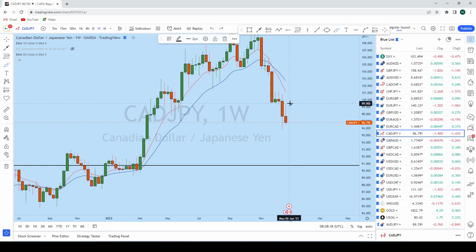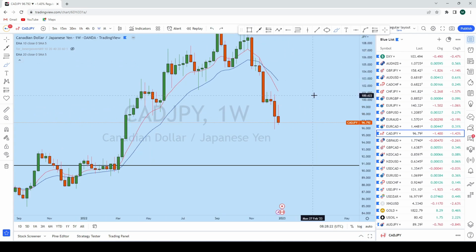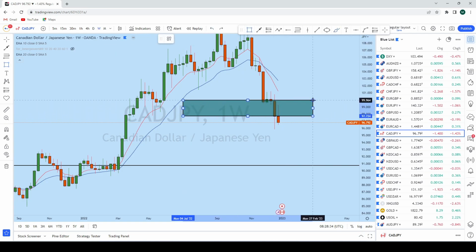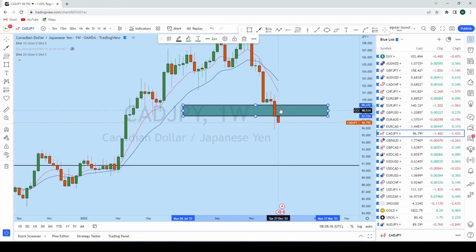What we can expect in this new trading week, like all the JPY pairs, is either to open with a gap and then drop, or for the price to test the upper wick of this long weekly doji, create a lower high along this zone, and then continue to drop.